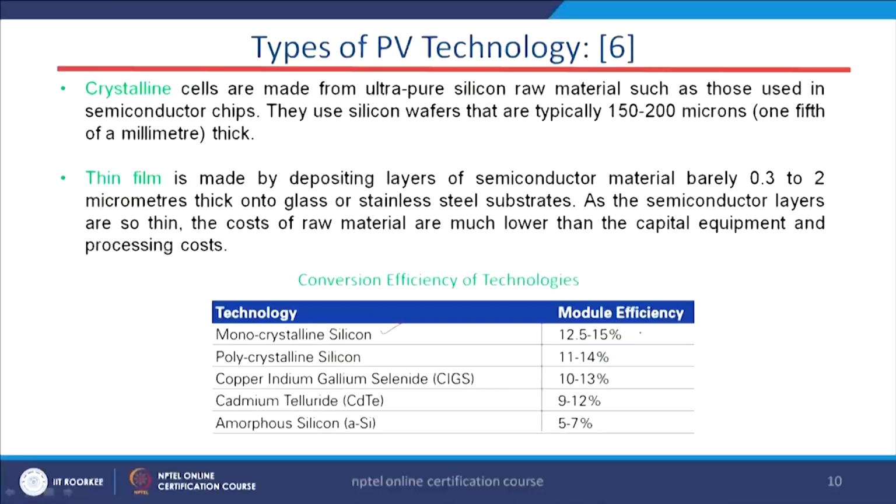If you see here, monocrystalline silicon efficiency is 12.5 to 15%, and polycrystalline silicon is 11 to 14%, and so on. Finally, amorphous silicon is 5 to 7%. Of course, that is what the researchers work on. We have to develop such a material for the solar cell so that it will be more efficient and more reliable. That is what the research is.